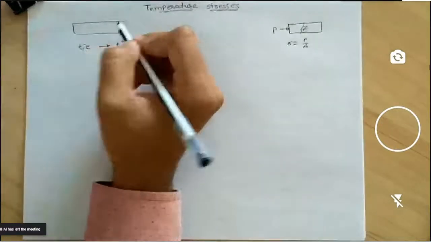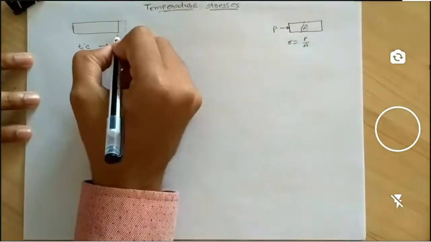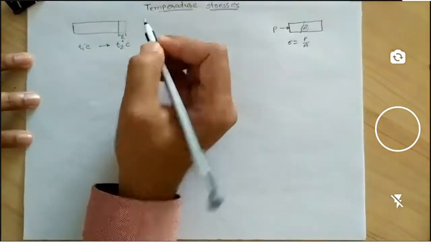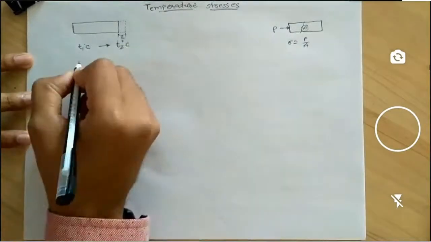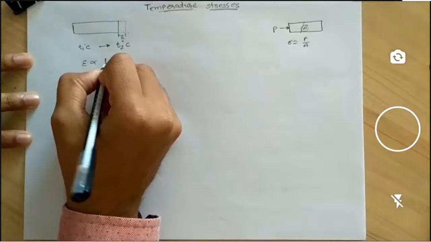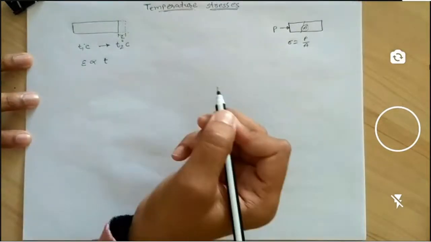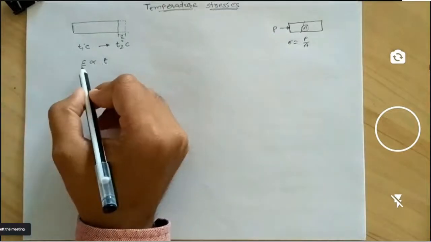Whatever the behavior upon the temperature variations, a strain is generated, and this strain is known as the temperature strain. This change in length is directly proportional to the temperature change T. If the temperature difference is high, then the strain is also high.